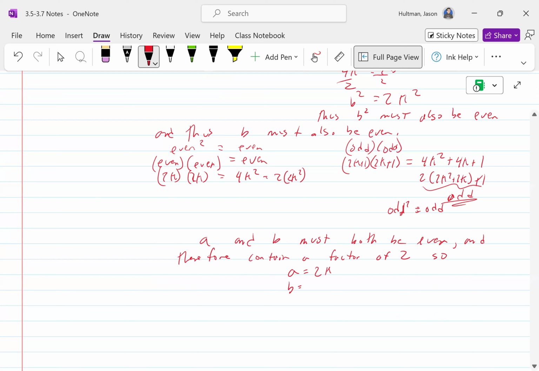If b is an even number, it's 2 times some value, we'll call it m. And therefore a over b is not in lowest terms.